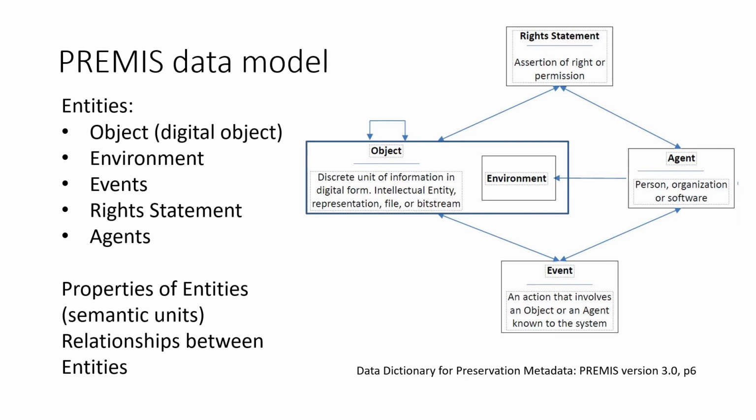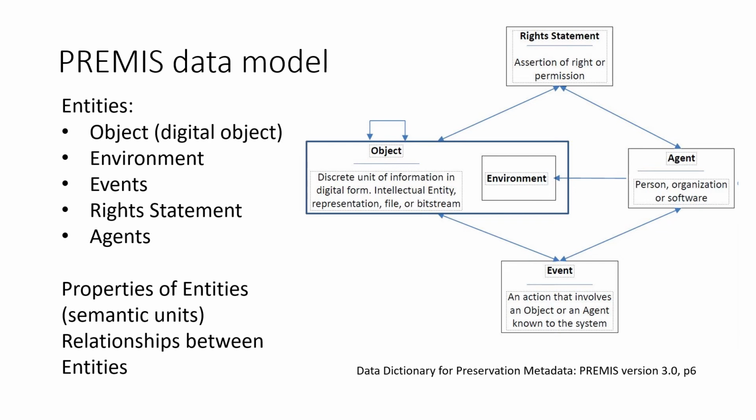With the advent of intellectual entities in PREMIS 3.0, the way in which environments are modeled in PREMIS has been transformed. Before version 3.0, there was an environment container within an object that described the environment supporting that object. If a non-environment object needs to refer to an environment, it is now recommended that the environment is described as an object in its own right, and the two objects are linked with a dependency relationship.